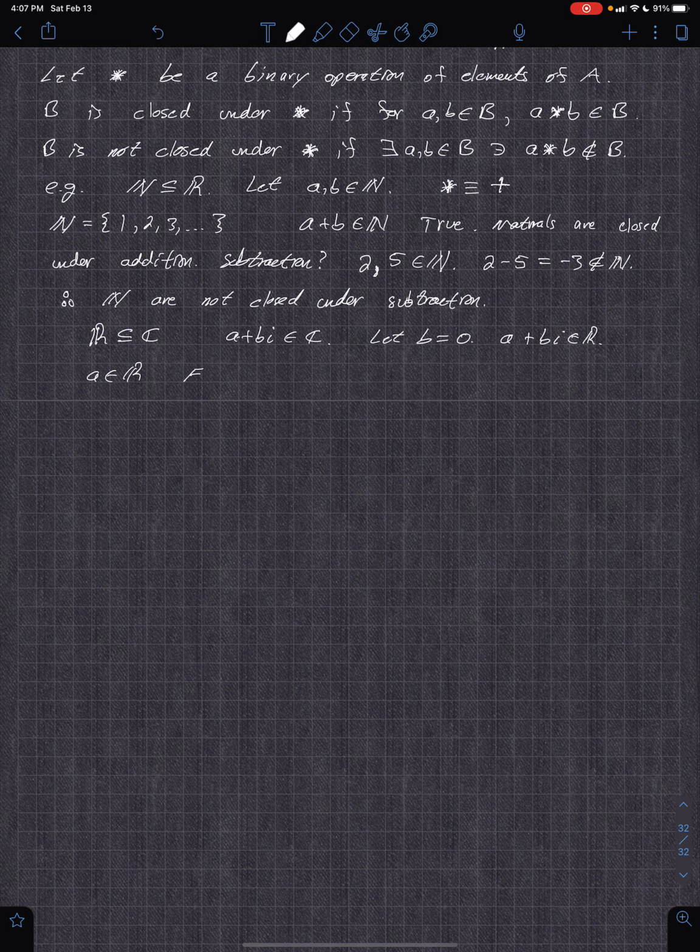For any a, b in R, a times b, a minus b, a plus b, etc., are still in R. So we would say the reals are closed under all of those operations. But R is a subset of the complex numbers.